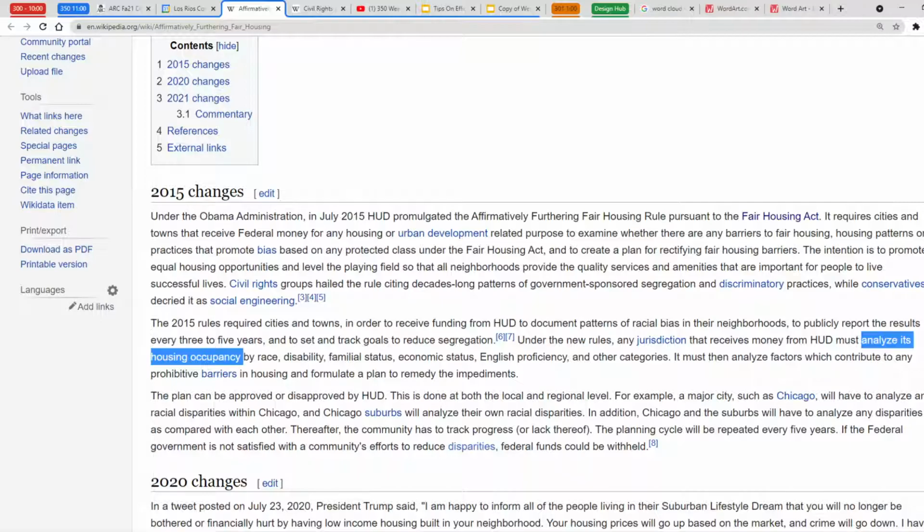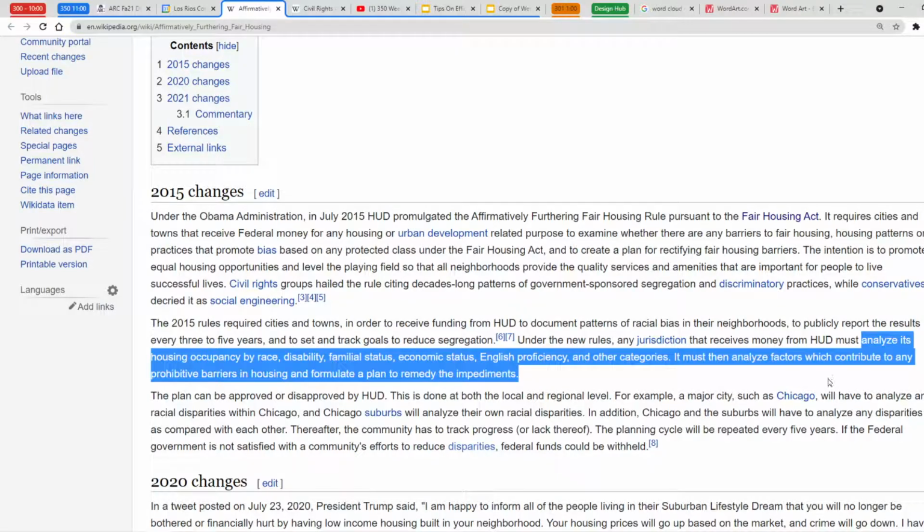Analyze housing occupancy and analyze factors which contribute to barriers and formulate a plan. That's pretty specific. And so in our planning proposals, even if you're just talking about setting aside a pad for a tiny house, if you can do this, it's a lock. You'll be able to do it.